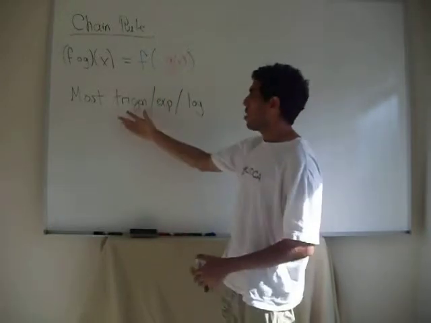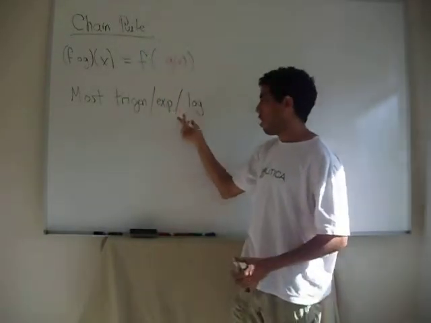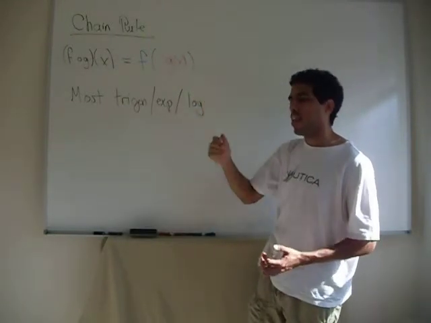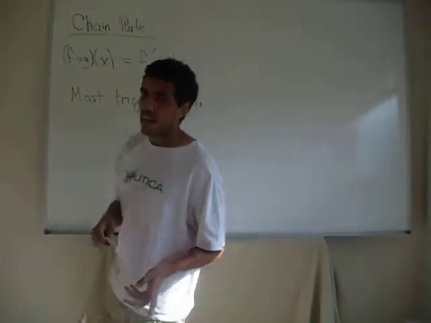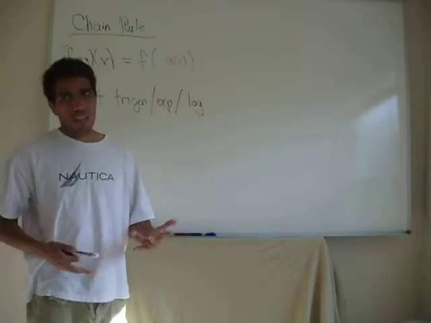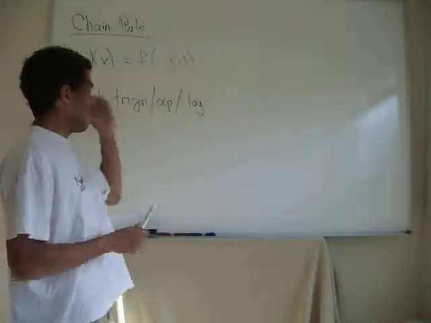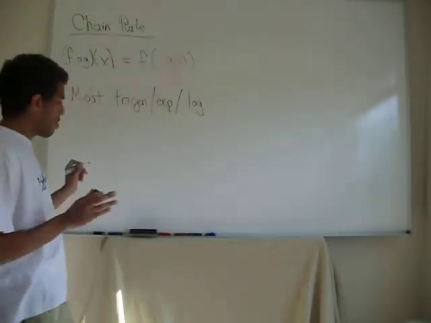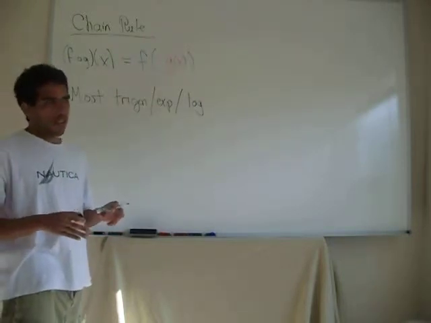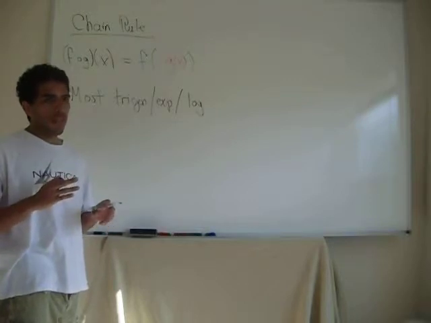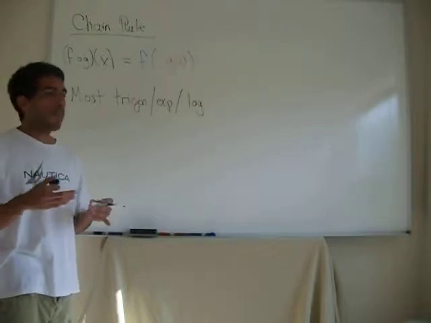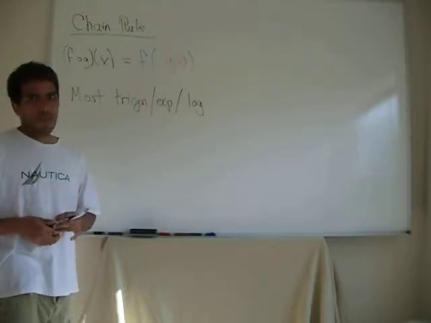Most trigonometric, exponential, and logarithmic functions are going to feature a composition of functions. Now, why is that happening? Well, because you have a trigonometric function doing something else, or an exponential function doing something else to the argument. And we're going to get to that in a few examples, because the first thing that you have to do before understanding the chain rule and the rule of finding the derivative of a composition of functions is understand the composition of functions. Once you're past that, you'll be able to do the chain rule in no time.